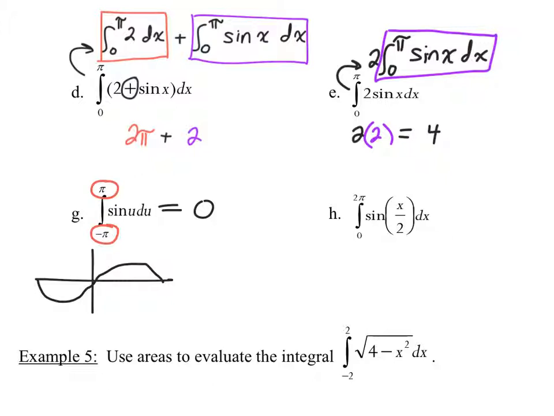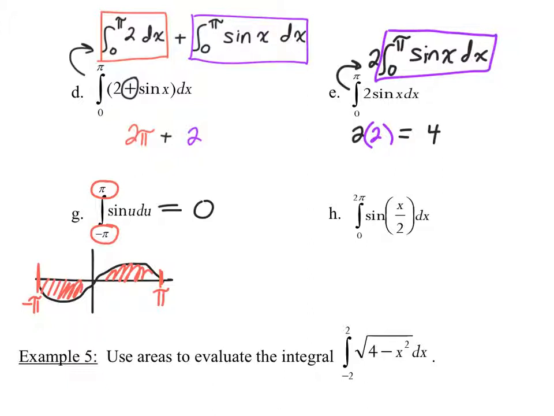All right, so negative pi, positive pi, 2 areas that would offset each other. All right, so equal parts positive and negative. But even if it were some other inner function, you have that point symmetry through the origin. Because the sine function is an odd function, if the bounds are opposite of one another, they're always going to cancel out in terms of area.